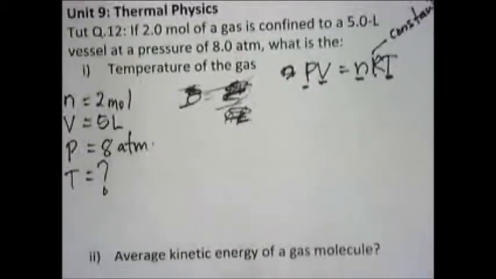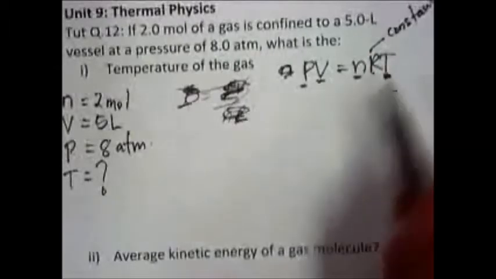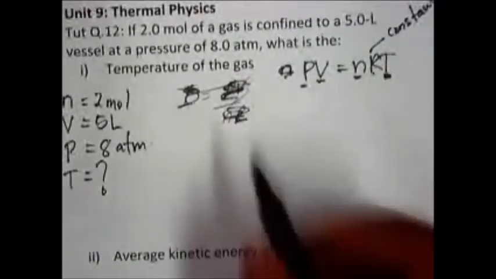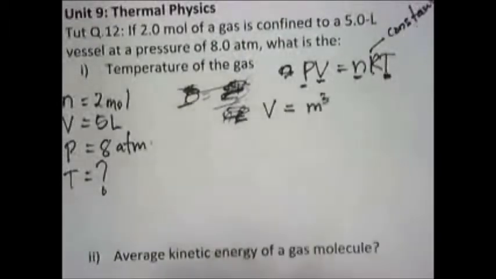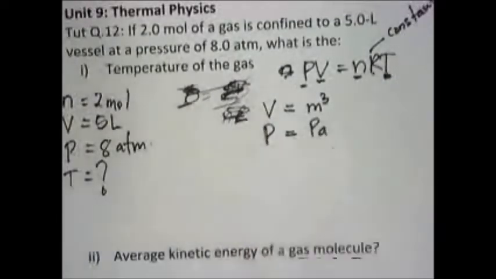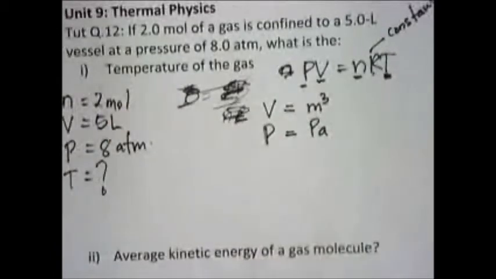But the main idea there is, if you are trying to find your temperature, which will be given in Kelvin, your volume needs to be in meter cube, and your pressure needs to be in pascals. But if you look at the values that are given, you'll see your volume is in liters and your pressure is in atmosphere.